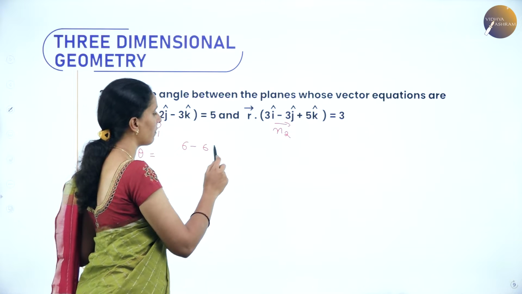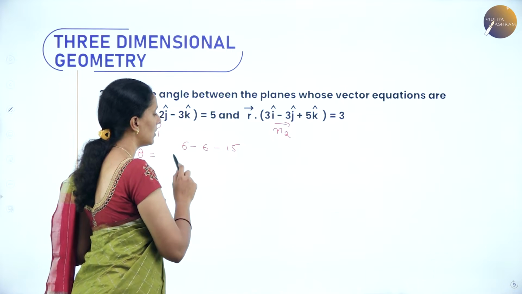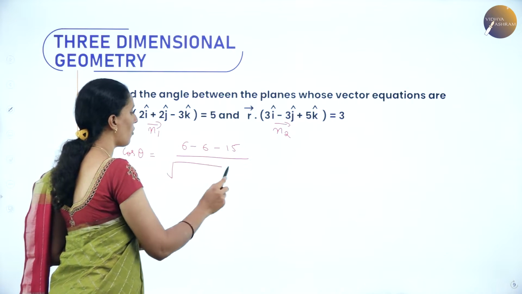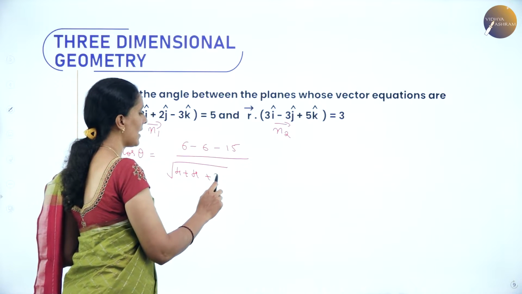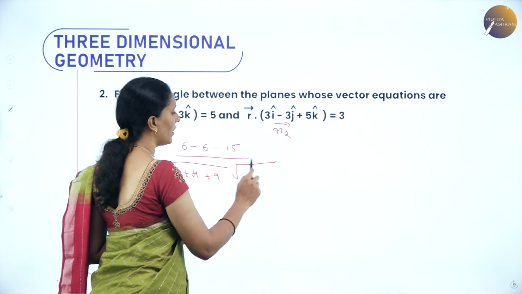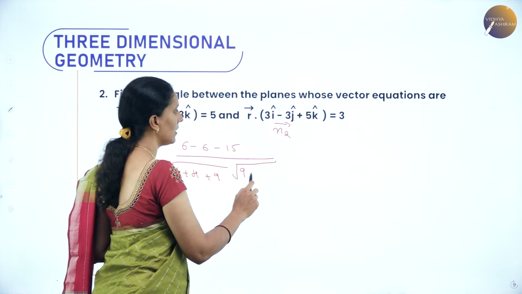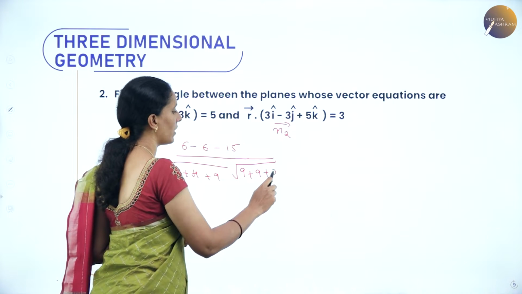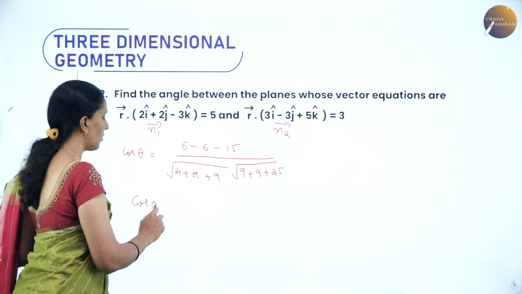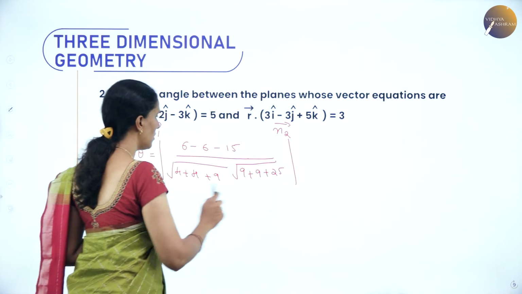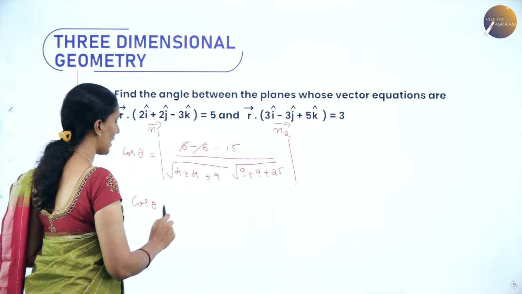Minus 3 into 5 we have minus 15, divided by magnitude of n1, 4 plus 4 plus 9. Again magnitude of n2 is 9 plus 9 plus 25. So we have here cos theta is equal to, under the modulus, 6 minus 6 cancels.